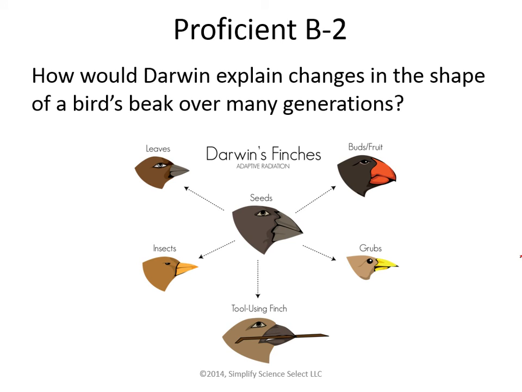A proficient question. How would Darwin explain changes in the shape of a bird's beak over many generations? Okay, so let's look at the first finches to arrive on the island. Charles Darwin really did observe these finches, and he wrote it down in his article on the origin of species.